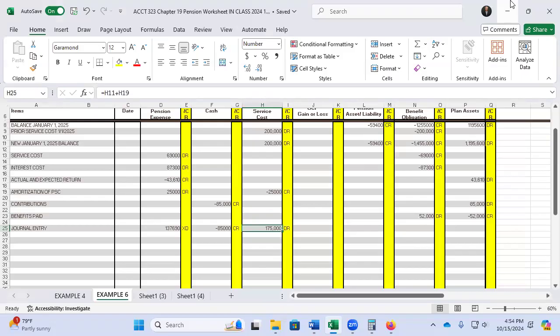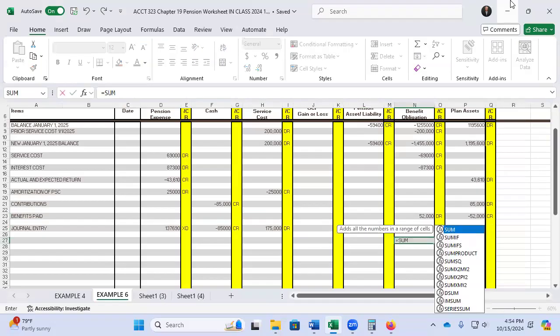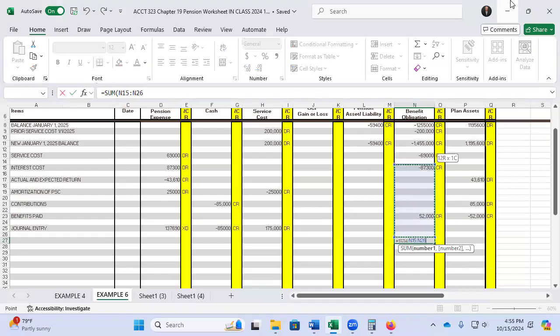And we're just taking the amortization and putting it together. We're going to have something for pension asset and liability. We don't know what that is going to be yet. So now we need to sum up our assets and our liabilities.